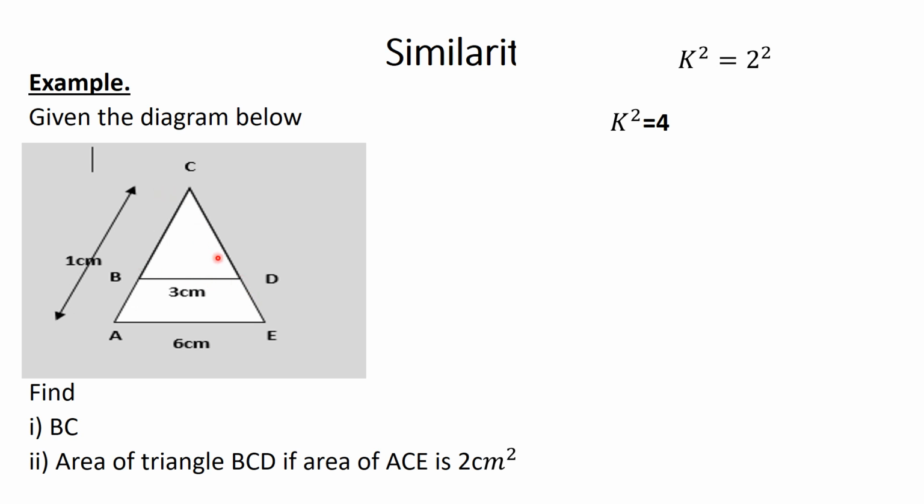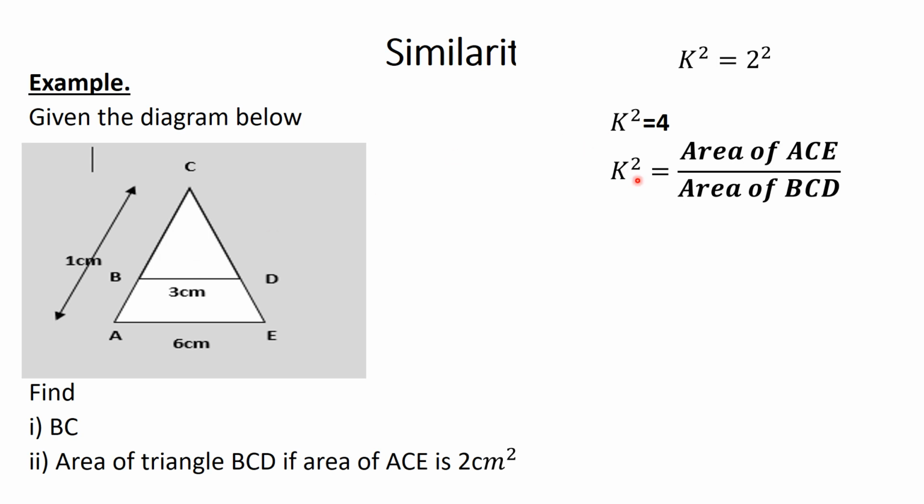Okay, so if you haven't gotten me, let me say that again. When finding K, the formula we used was EA over DB. The side for the larger triangle is on top, so even when finding the area, the larger triangle should be on top. Then the side for the small triangle is on the bottom, so even when finding the area, the small triangle should be on the bottom.